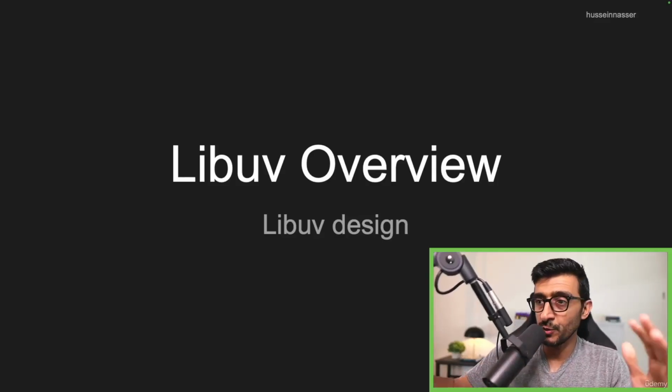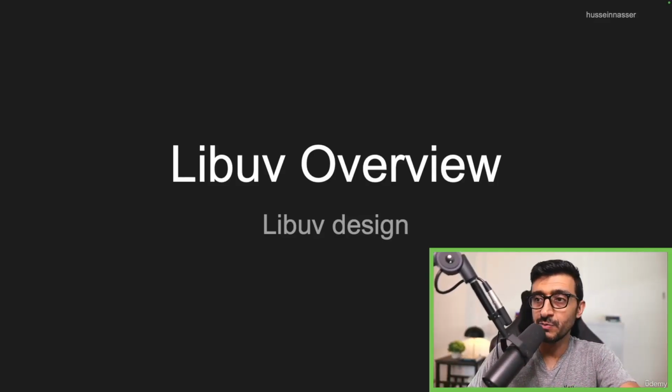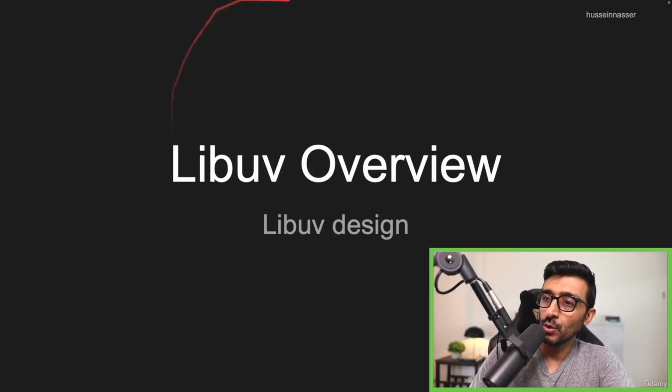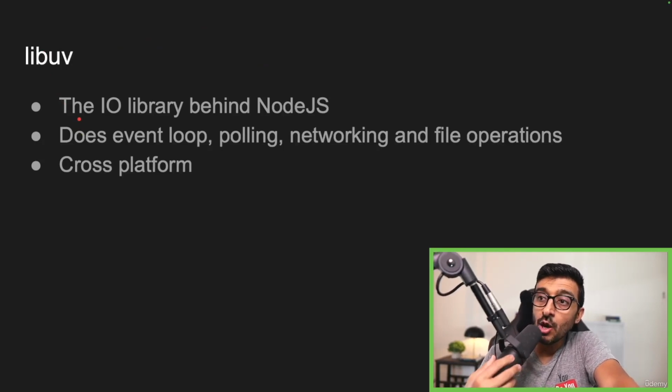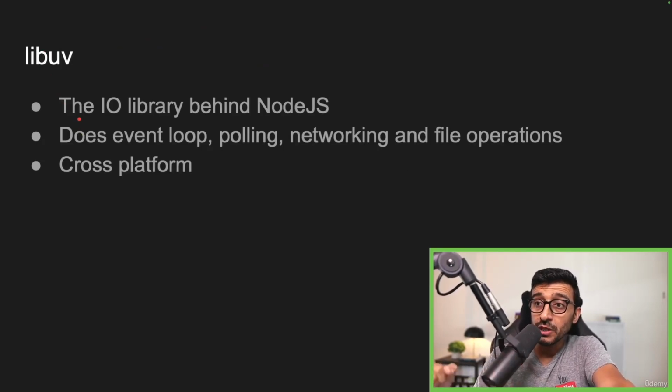libuv overview. Let's talk about this beautiful library that Node uses for all asynchronous I/O, you guys. So libuv is an I/O library that sits behind Node.js, and it does the event loop, the polling, the network operations, the file operations, the DNS operations, all of these things.